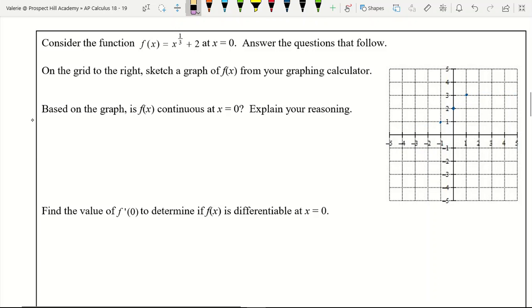It's a really bad sketch, but let's see if I can make it a better sketch. That's as good as it's going to get for now.